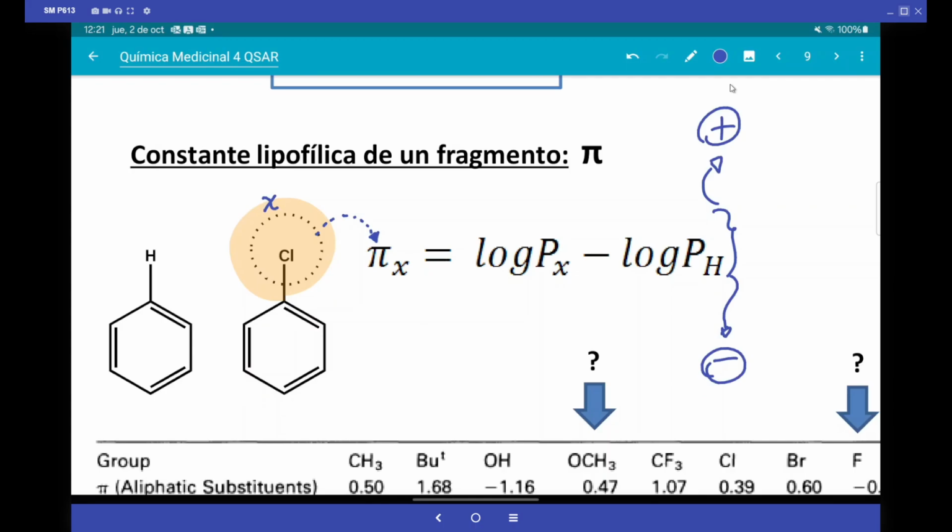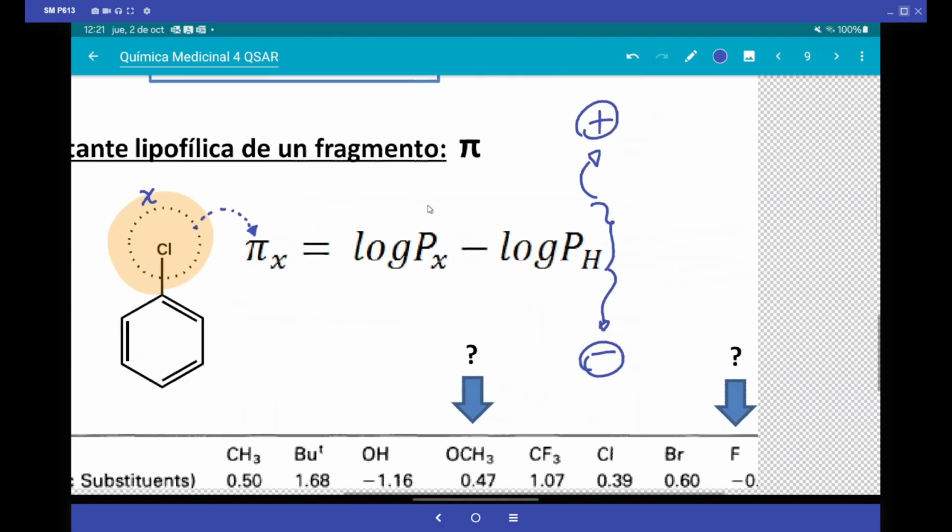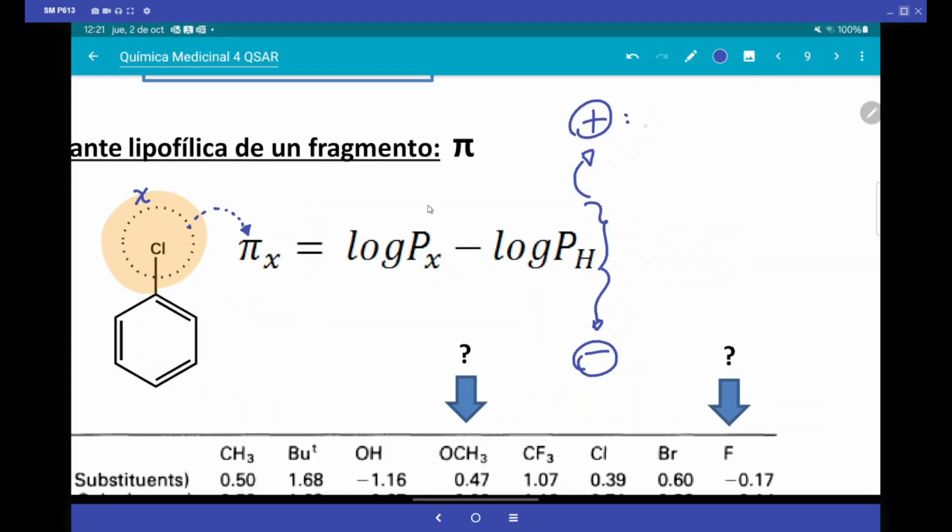If pi is positive, that implies that log px is greater than log p, when there is nothing. Then the substituent contributes lipophilia. A positive pi means that the fragment is lipophilic.